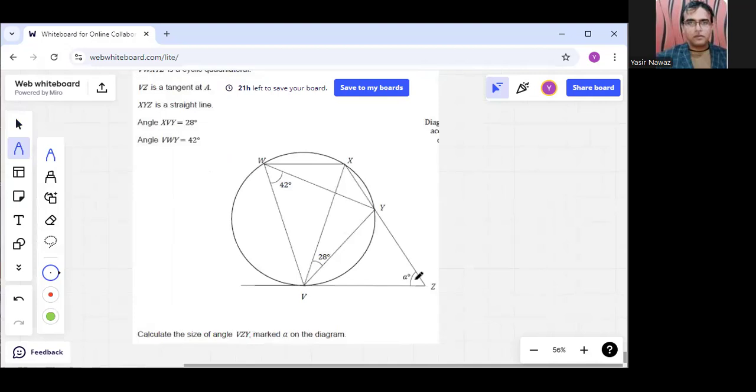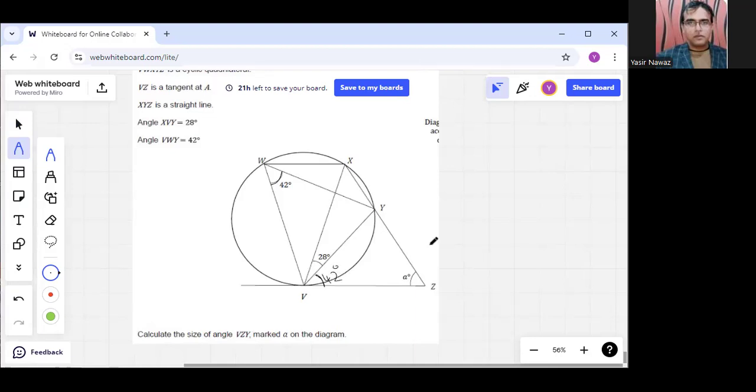VZY. Find the angle A. For finding the angle A, what to do? Look at this here, alternate segment theorem. If this angle is 42, then this angle and the angle here would be equal, so this angle would also be 42.